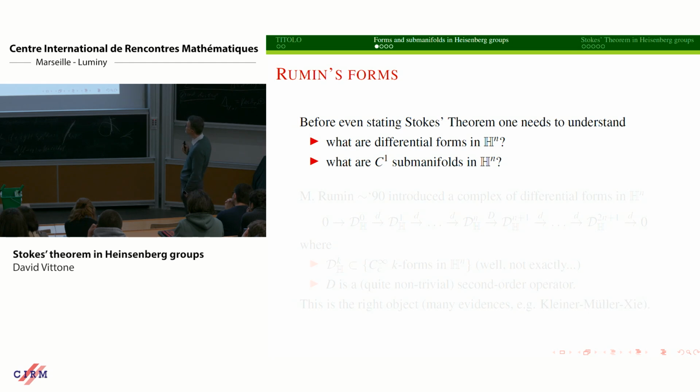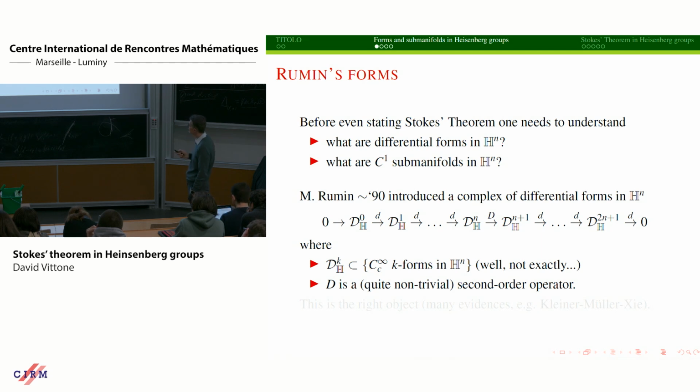So before going to the statement and proof of Stokes theorem in Heisenberg, I want to fix this. Differential forms are Rumin's differential forms. In the early 90s, Michel Rumin found this complex of differential forms in Heisenberg groups, actually in any contact manifold.